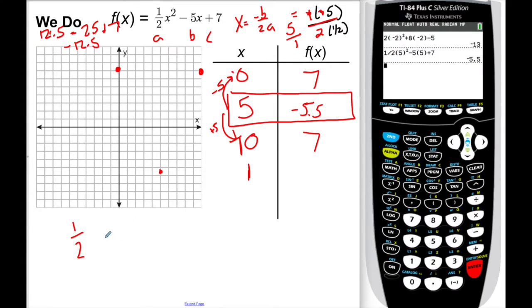So it's 1/2 minus 5 plus 7, right? 1 times anything just gets you itself. So 1/2 minus 5 is -4.5. And if I add 7 to -4.5, I get 2.5.